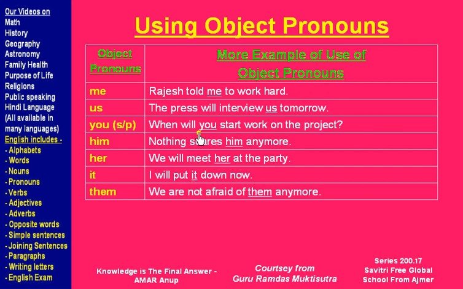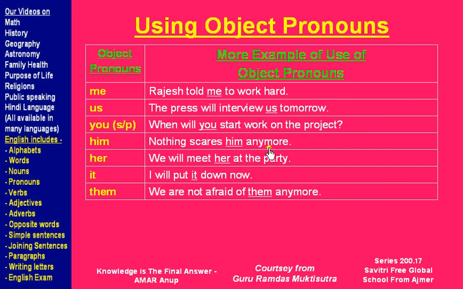Next example, when will you start work on the project? Now here it's a question. When will you start work on the project? A simple form of this will be: you will start work on the project. So here this is another example of the object pronoun.